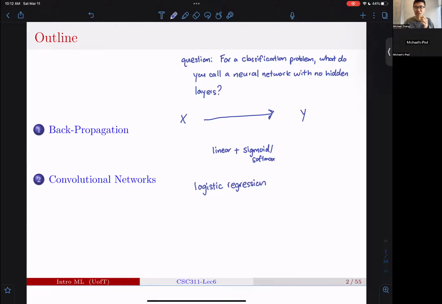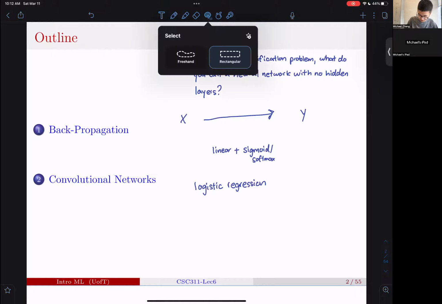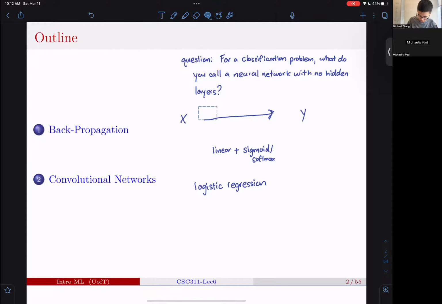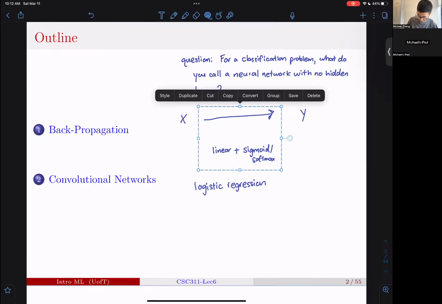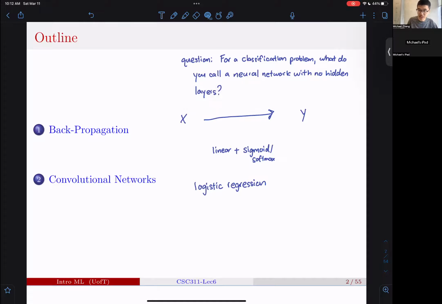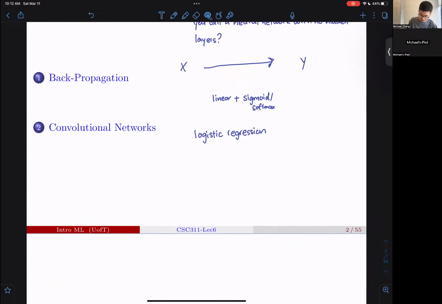So a neural network is really just the composition of these sort of functions. More concretely, we can draw out this diagram where we essentially just copy whatever happens in this linear plus nonlinear layer several times, and that makes a fully connected network.